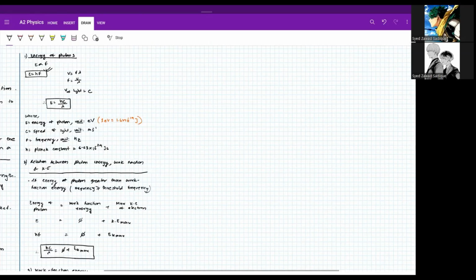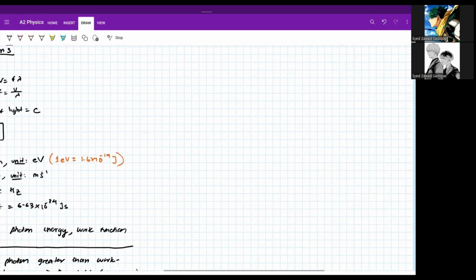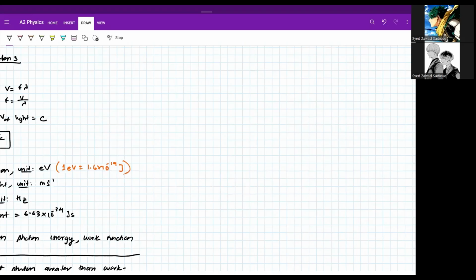Okay, now moving on to 6. So this is regarding line spectrum. We have two types of line spectrum.